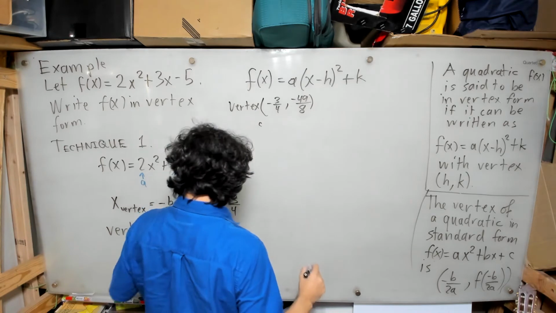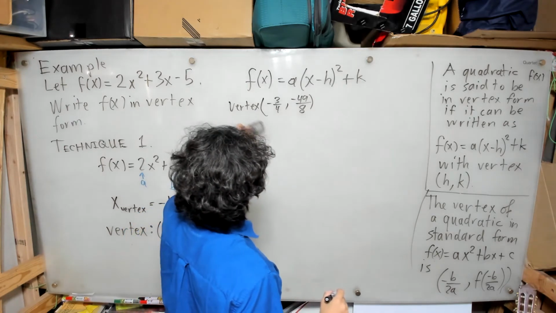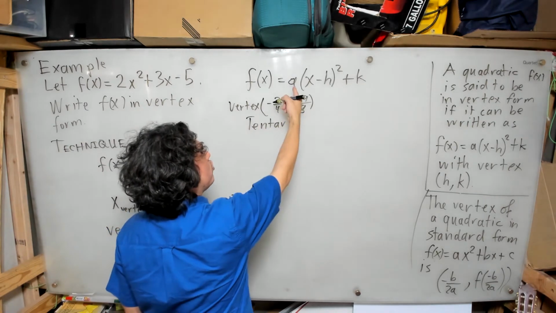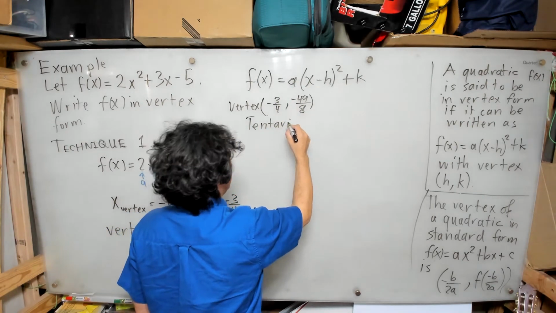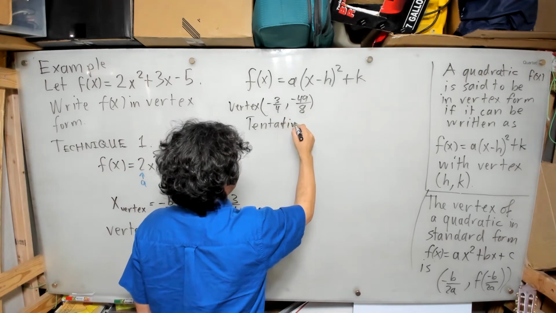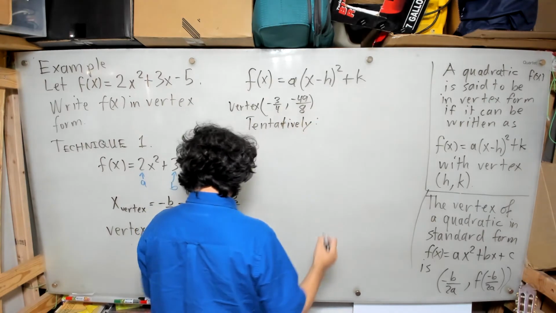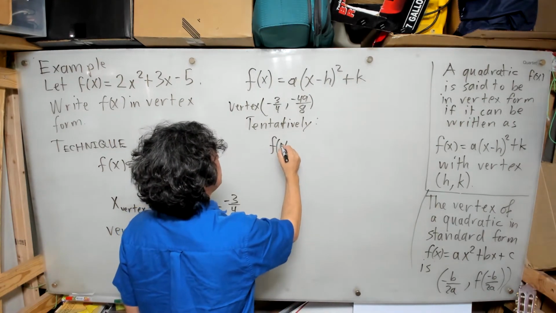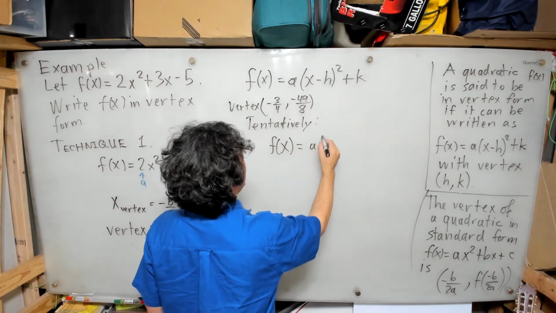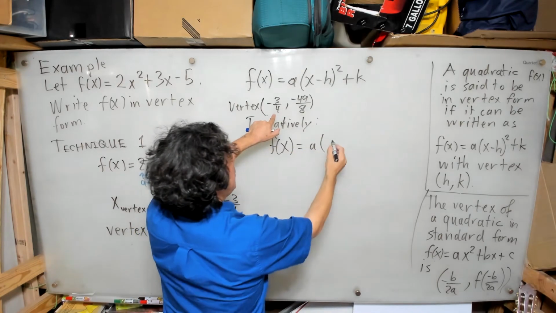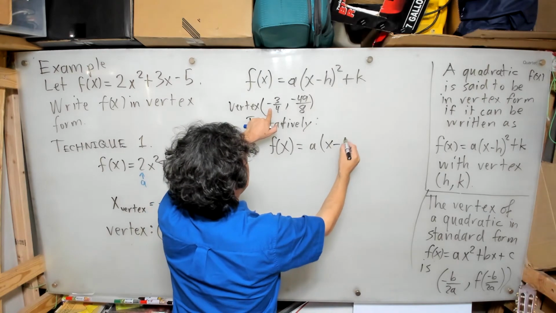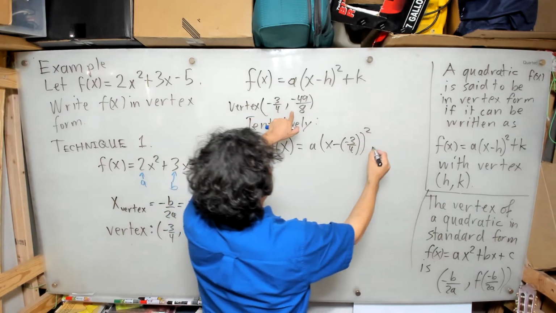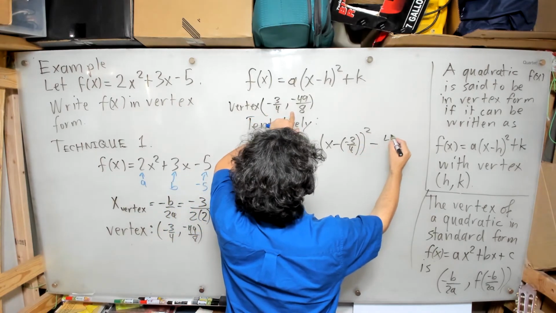So what I'm going to say here is that tentatively, I'm saying tentatively because I do not know what my a is yet. Tentatively, my f of x is going to equal a times x minus negative 3/4, squared, plus negative, so it'll be minus 49 over 8.